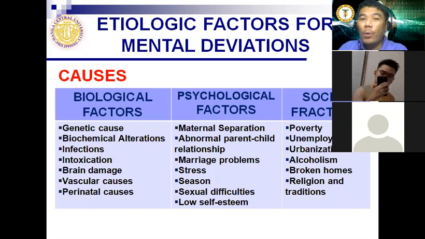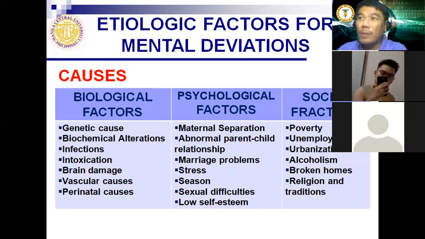Sexual difficulties and low self-esteem. For psychological factors, the ones you will consider, class, are mental deviations that affect self-actualization and self-esteem. Always take into consideration Maslow's hierarchy of needs. In the social factors, the problem is physiologic needs, such as poverty, or not meeting nutritional needs, unemployment, finances, urbanization, and alcoholism.